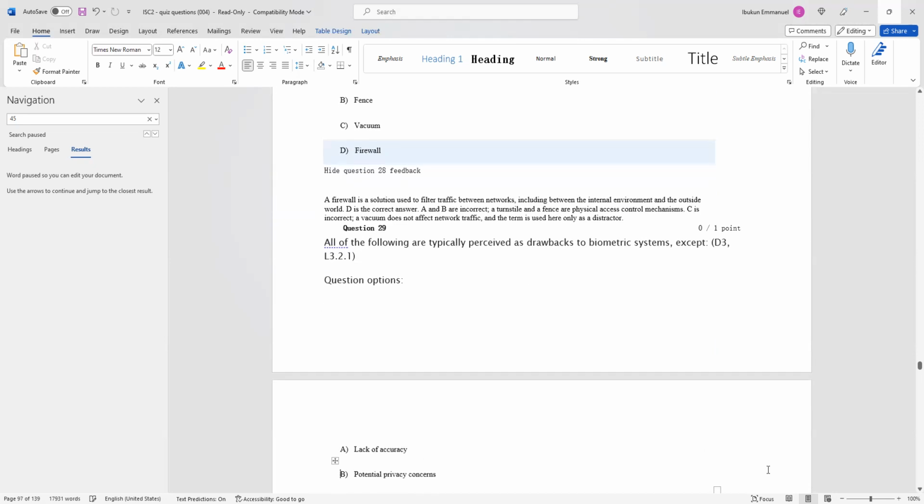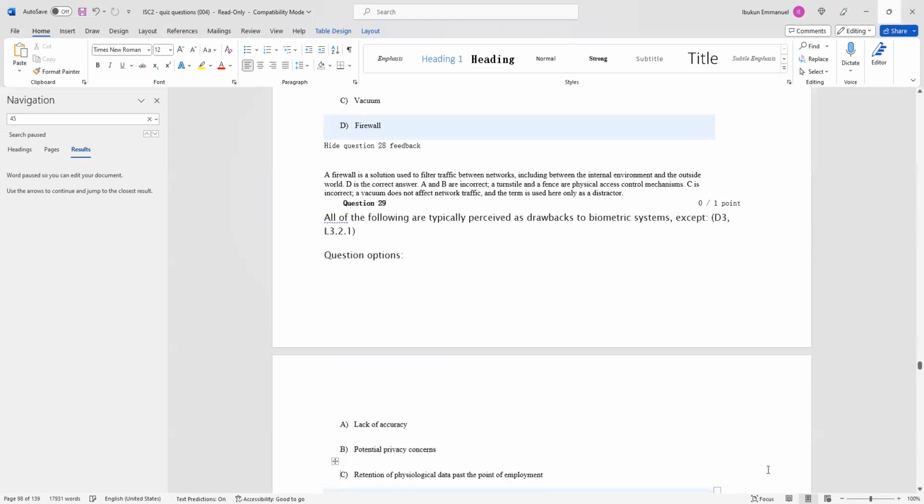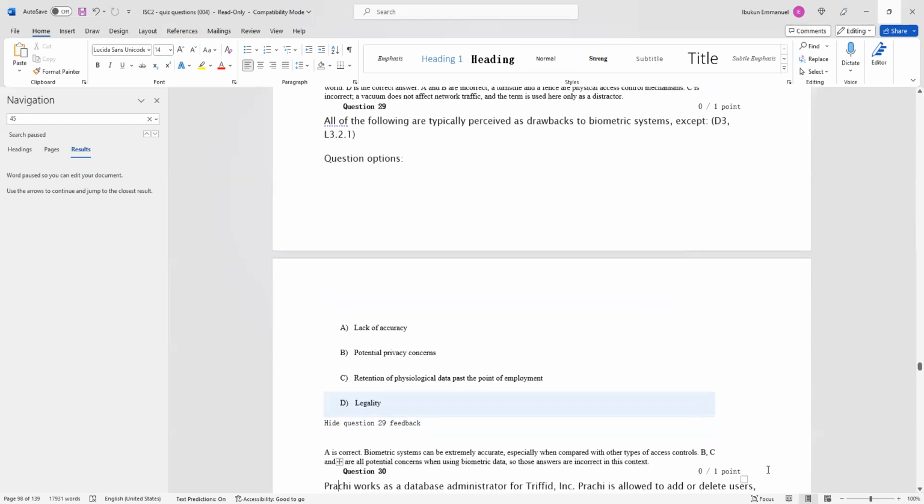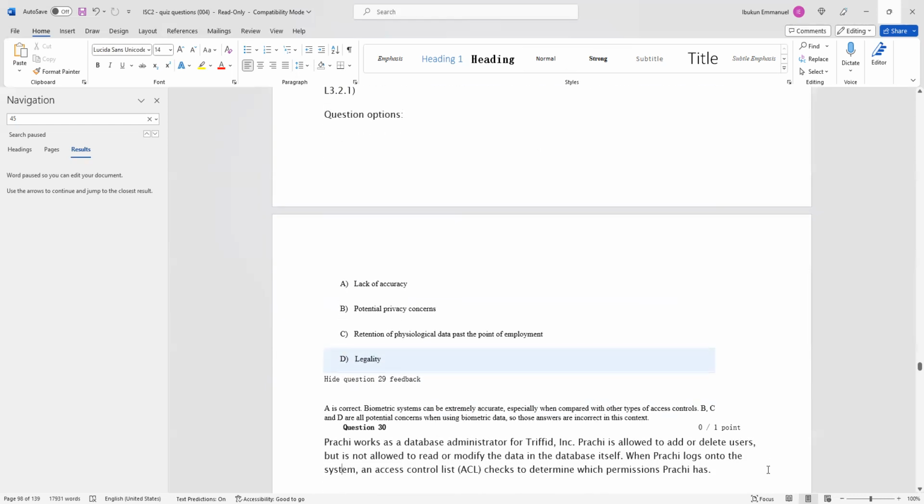All of the following are typically perceived as drawbacks to biometric systems, except for what? Lack of accuracy is not perceived as a drawback of biometric systems, because biometric authentication is pretty accurate. Fingerprints are generally more accurate than a signature, for example.